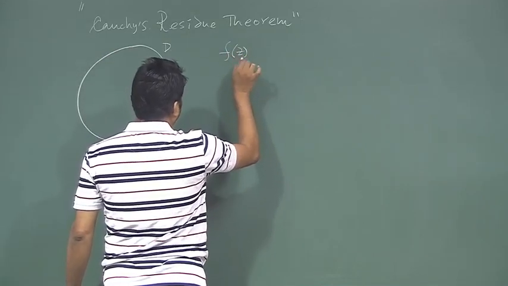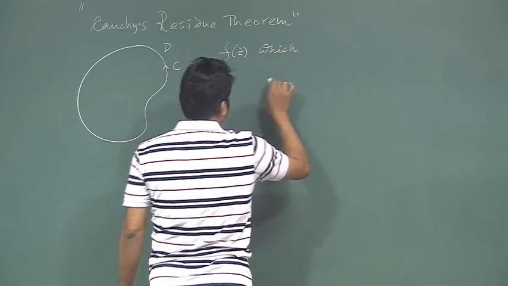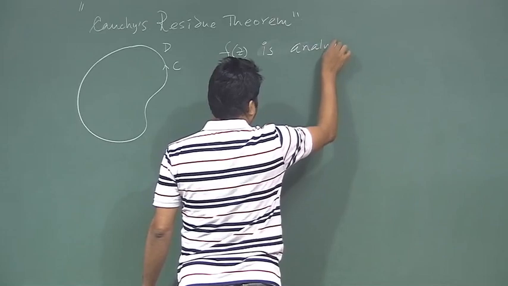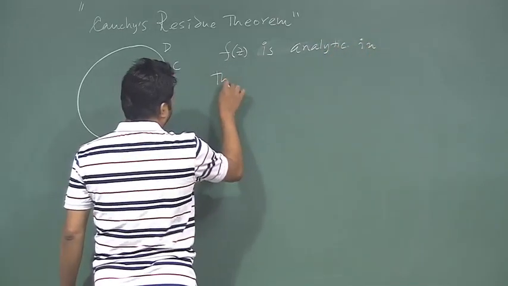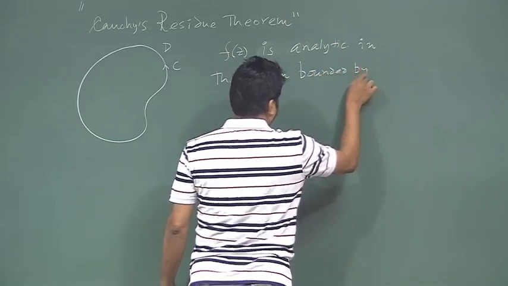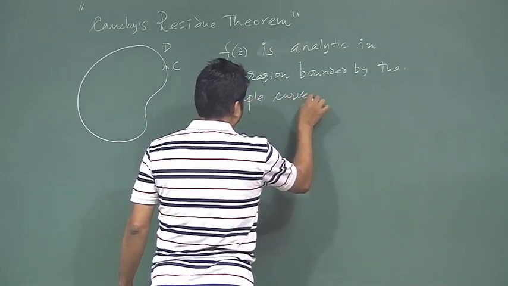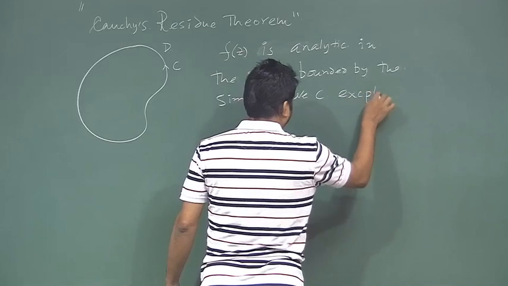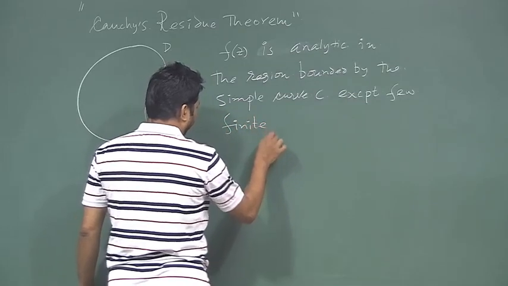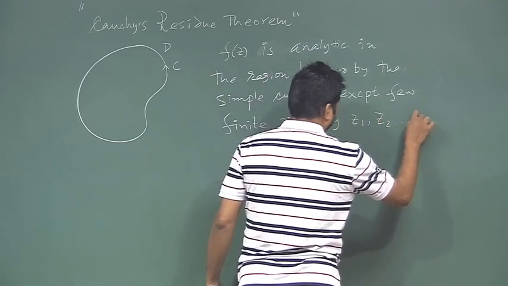C is a simple curve bounding a region D where the function f(z) is analytic. So f(z) is a function which is analytic in the region bounded by the simple curve or contour C, except at a few finite points, say Z1, Z2, up to Zn.